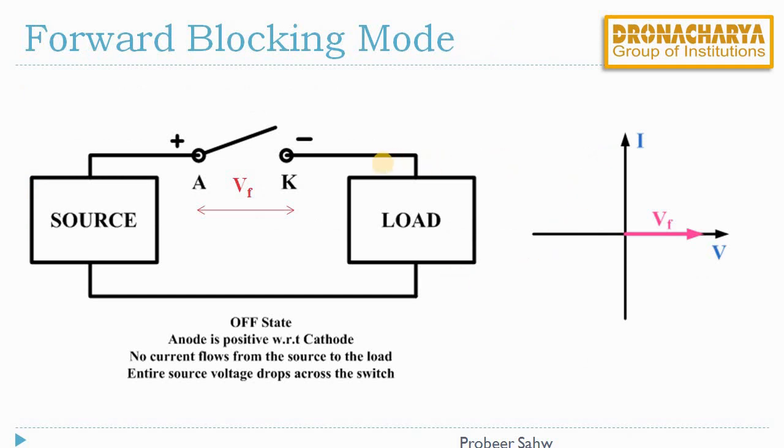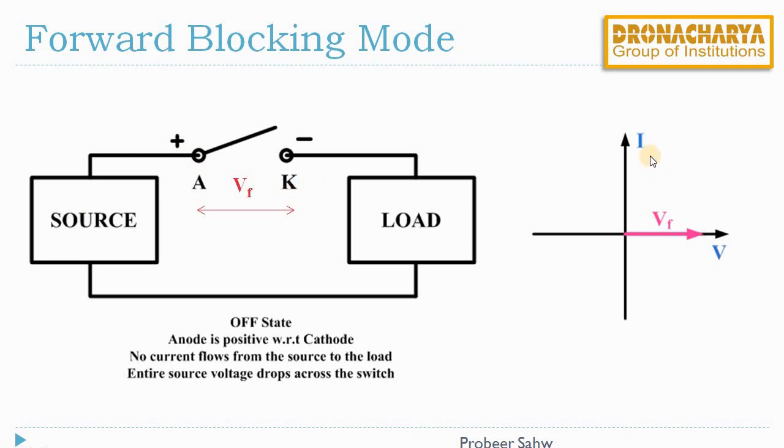As the name suggests, forward. Hence, the anode will be at higher potential than the cathode. This will happen when the source is at higher potential than the load. And since the name suggests blocking, this means the switch will be open. Hence, no current will flow from the source to the load, and the entire source voltage will drop across this switch.